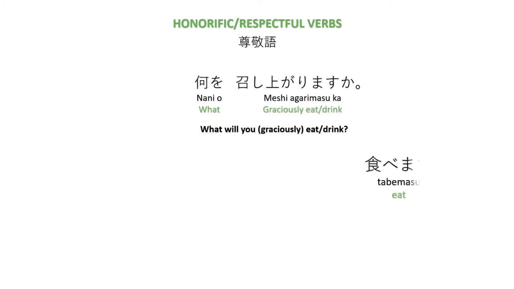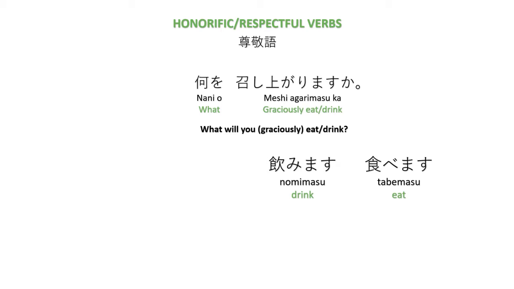Nani o meshiagarimasu ka? Okay, so when we are talking, for example, to our teacher, that we give respect to, or to somebody of higher status, we can use meshiagarimasu ka. If we respect that person, we can also use nomimasu or tabemasu, but it's just the polite form.